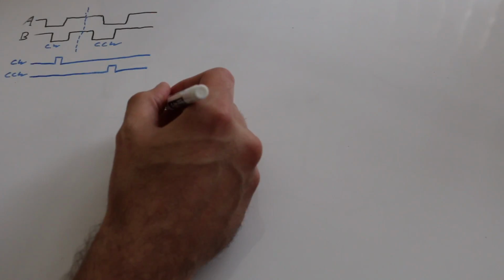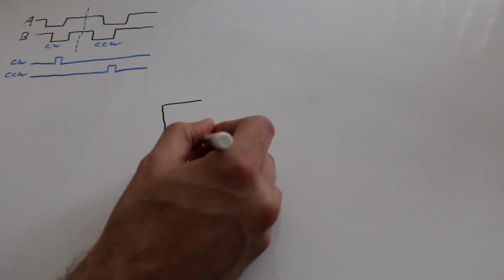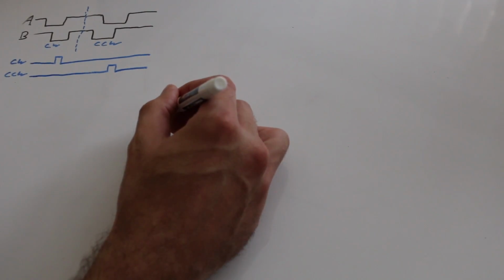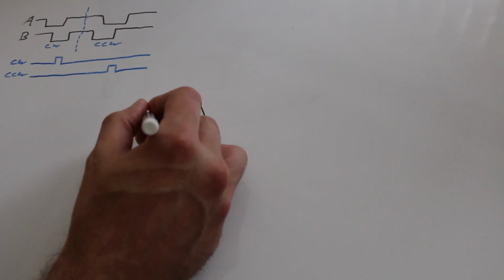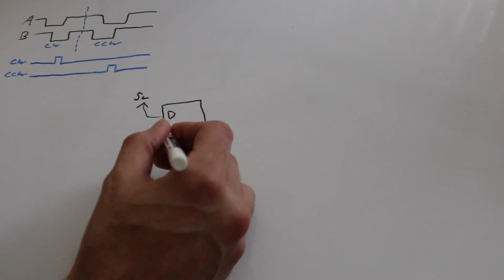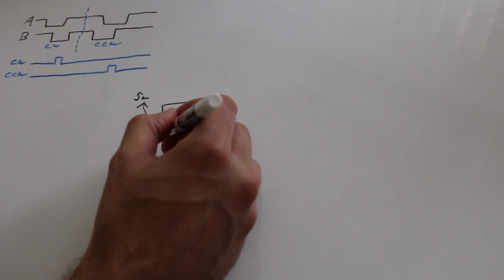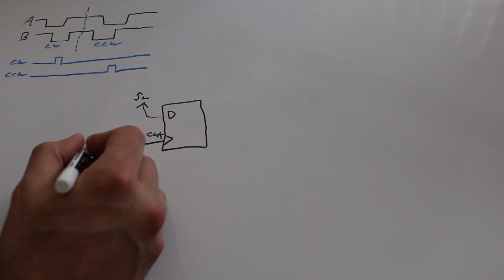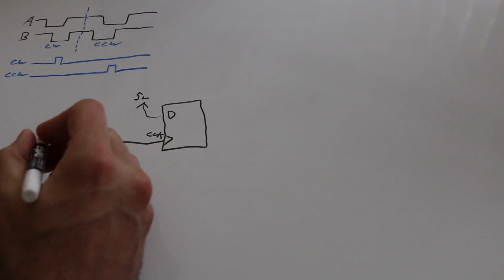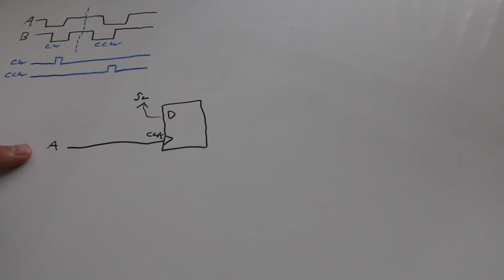The general approach I'm taking still uses a flip-flop, so I'm going to draw one flip-flop here for now. I'm basically going to pull the data to 5 volts, and then this is the edge-triggered clock, and I'm going to need to do some other gating here, but ultimately this is encoder A signal.